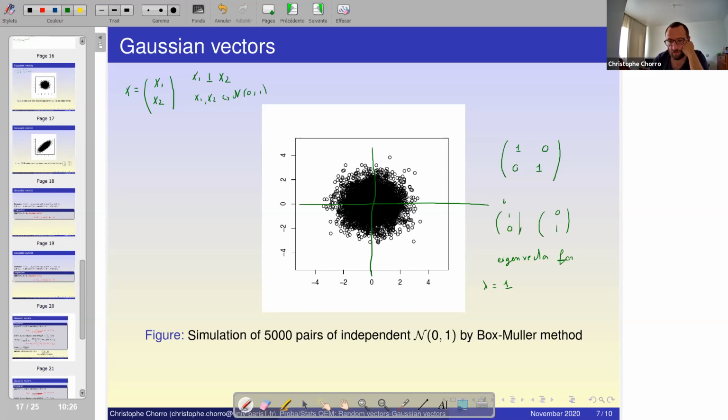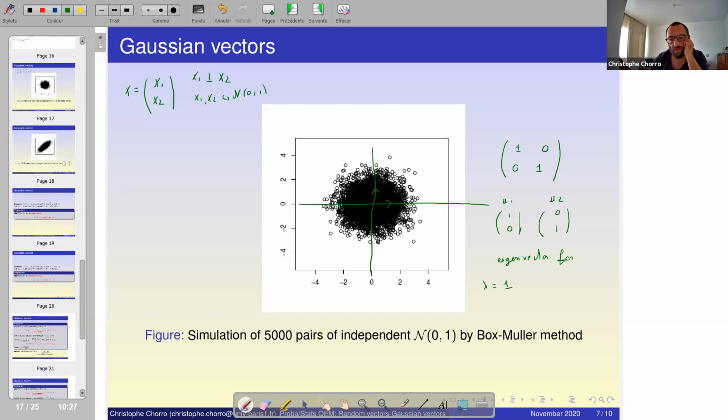If I denote this vector by u1 and this vector by u2, you have u1 that is here, and you have u2 that is here, and I have these two natural directions here, and I have a kind of circle here.